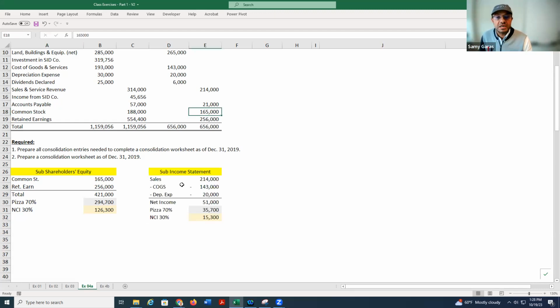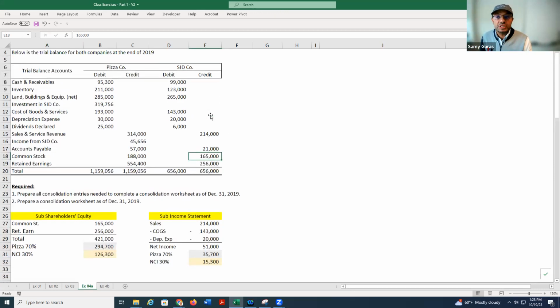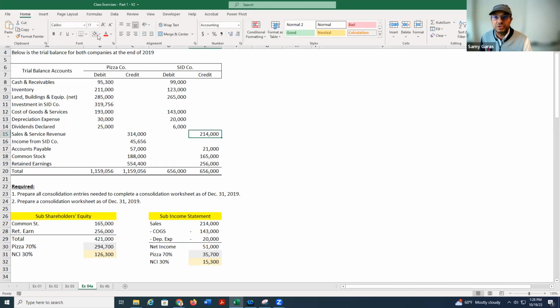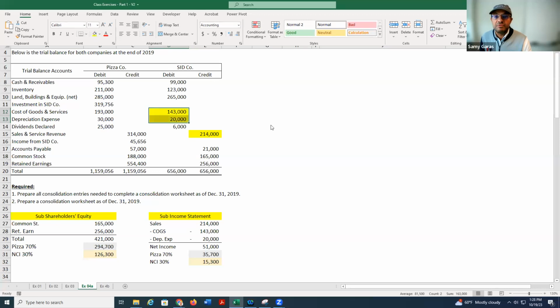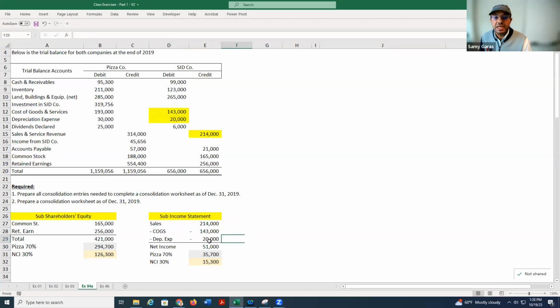Then we go to the income statement. We don't have the income statement here, but we can easily calculate the income statement by getting the sales for 214 minus cost of goods sold and depreciation expense for 143 and 20,000. And this is all what we need to calculate the net income. So we get net income of 51,000.